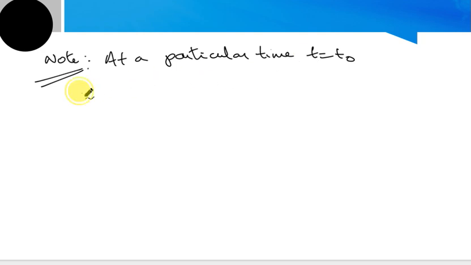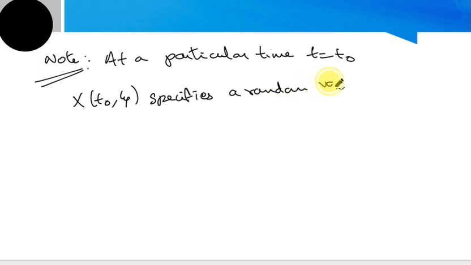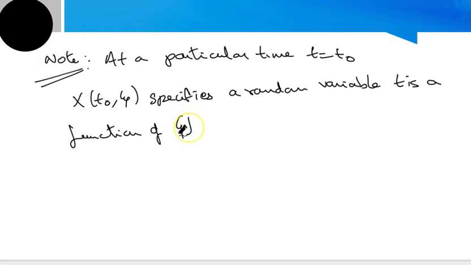So let us note that at a particular time, let me say t equal to t naught, my random process x of t naught comma eta will specify a random variable, since it is a function of eta alone. That means eta belongs to your sample space.